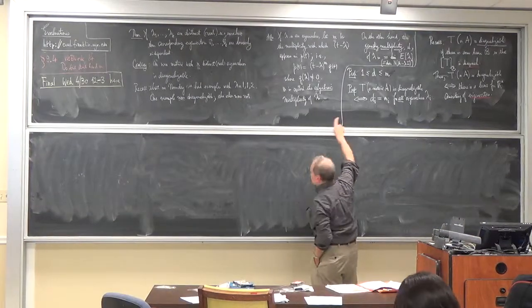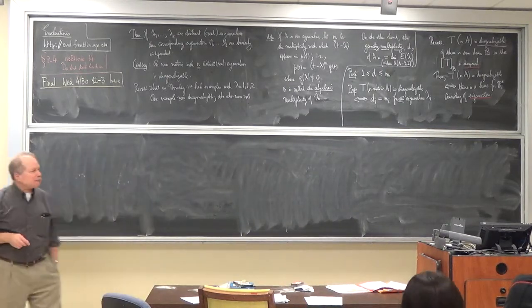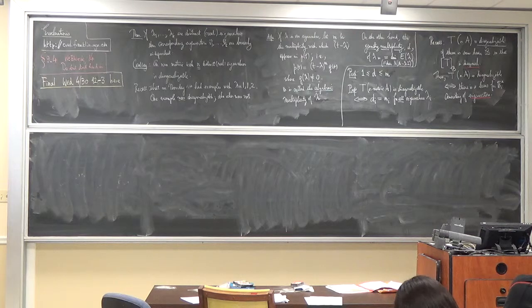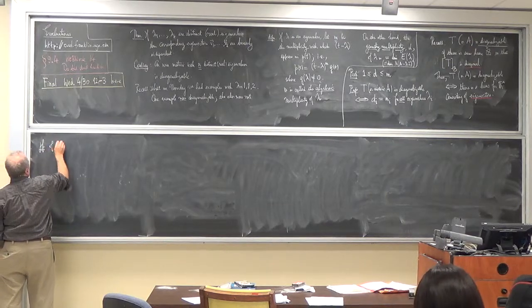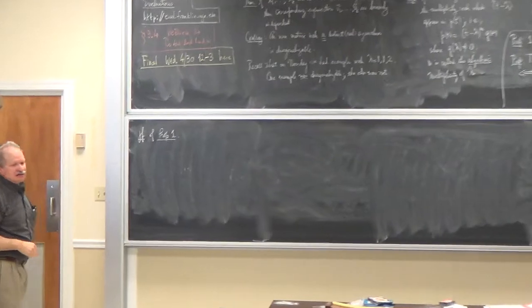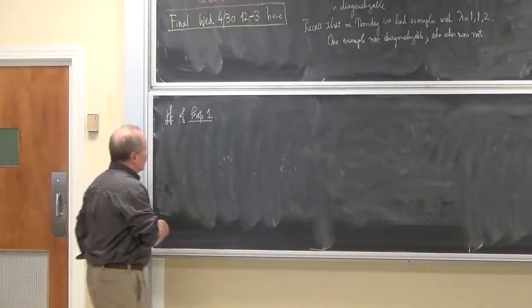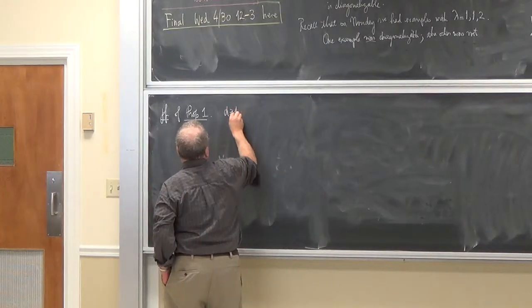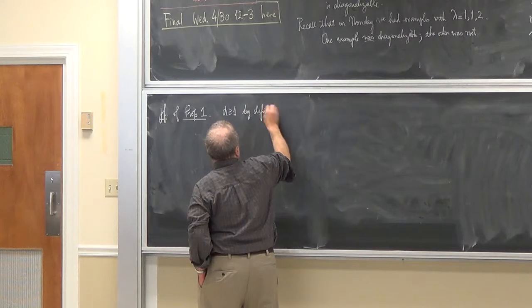All right, so let's talk about these two propositions and then I want to do a couple of days of applications of this stuff. Why is d between 1 and m? It's got to be at least 1 by the definition of eigenvalue.